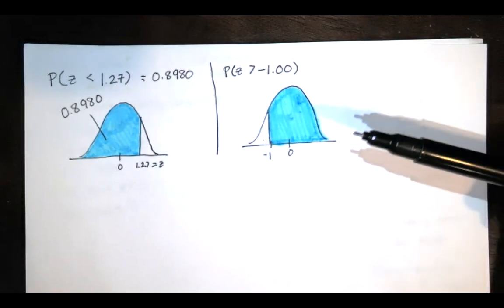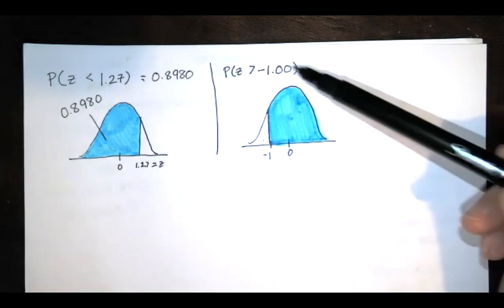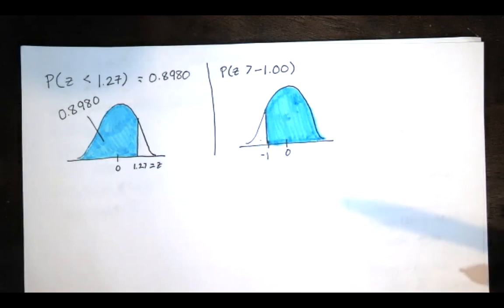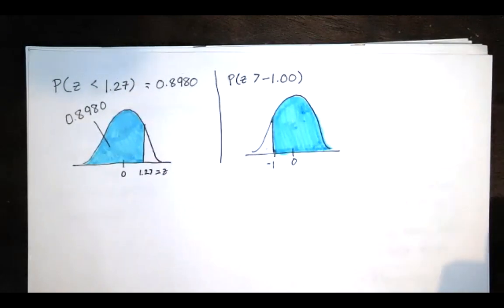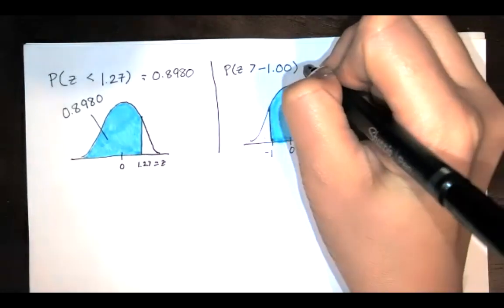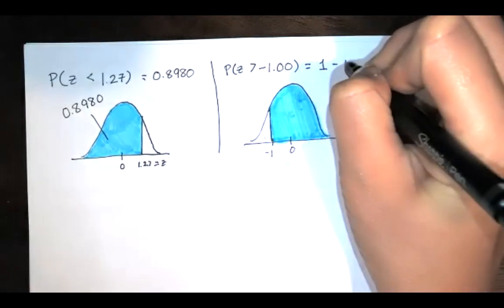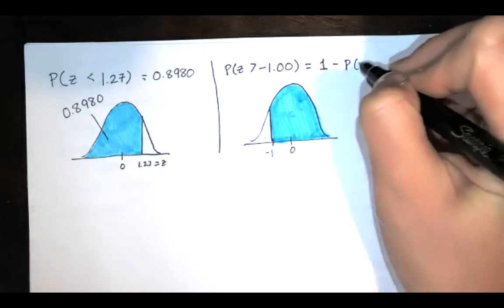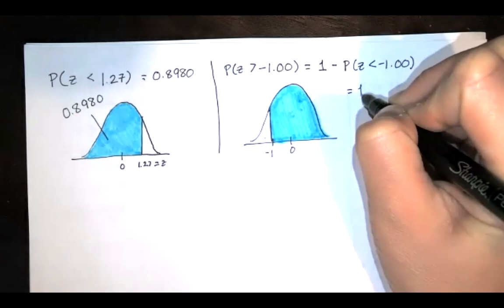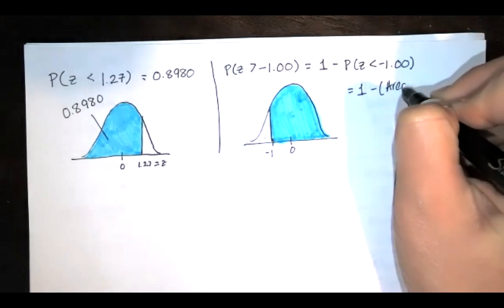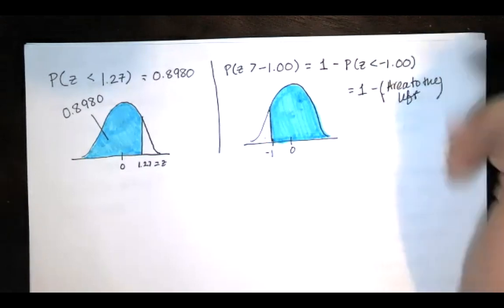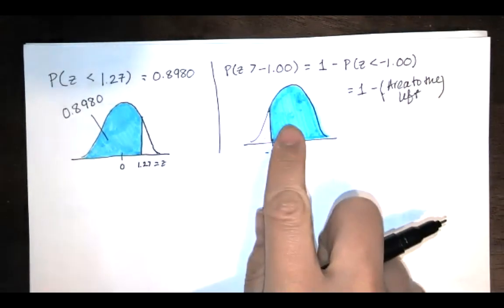It's just like complements. If this is 30% of the area, this is 70% of the area because the total area has to be 100%. Since we don't have area to the right in our table, we'll take 1 and subtract the area to the left, and that's going to give us area to the right.